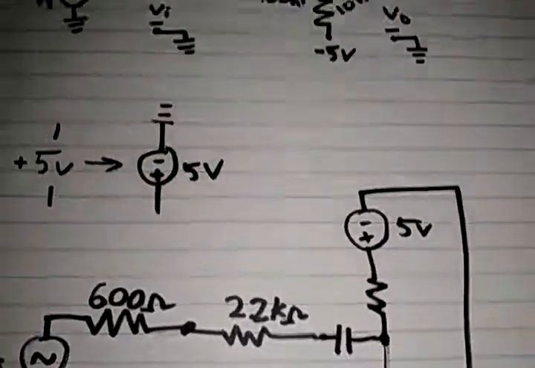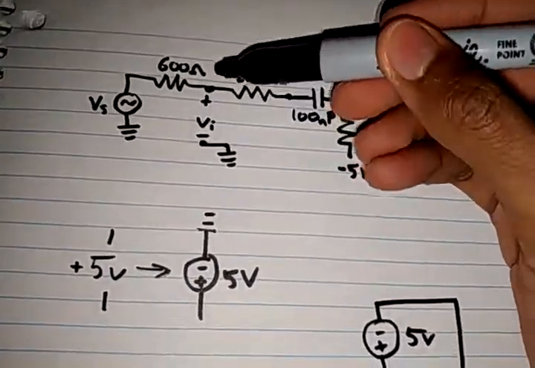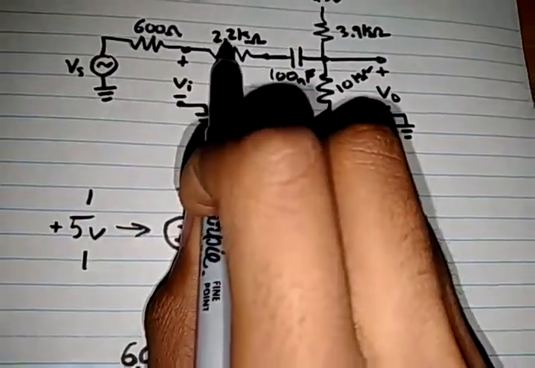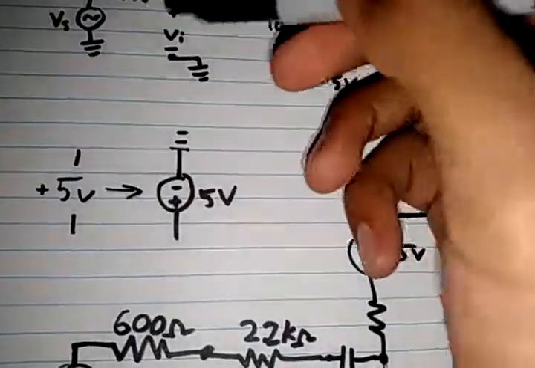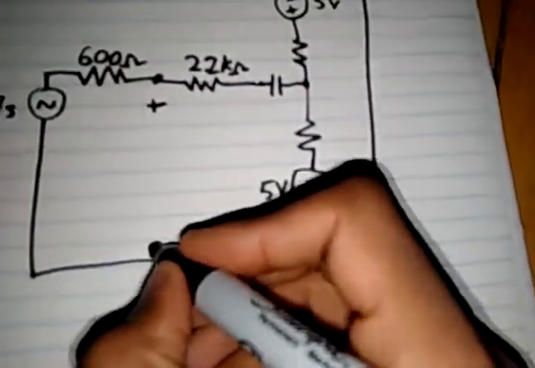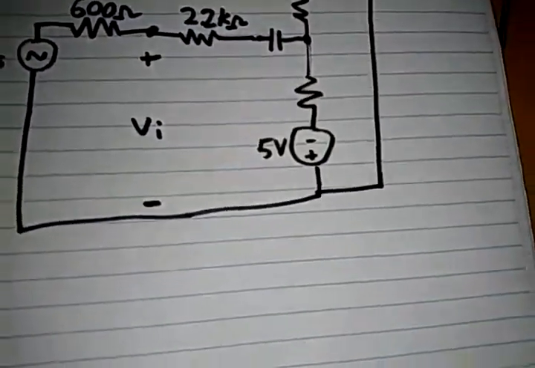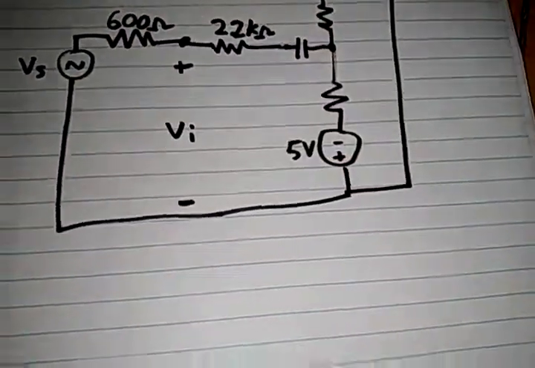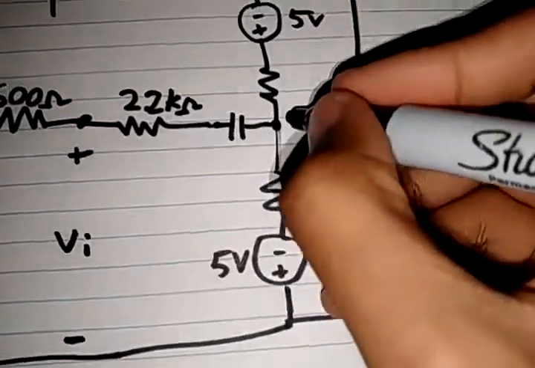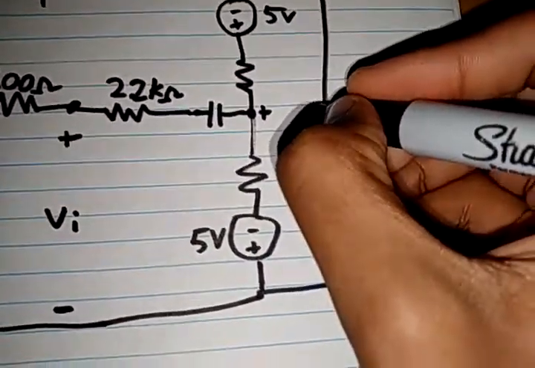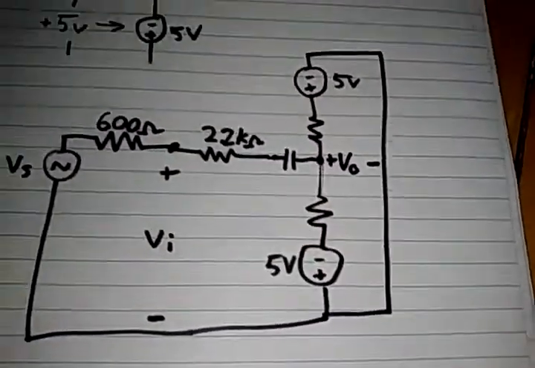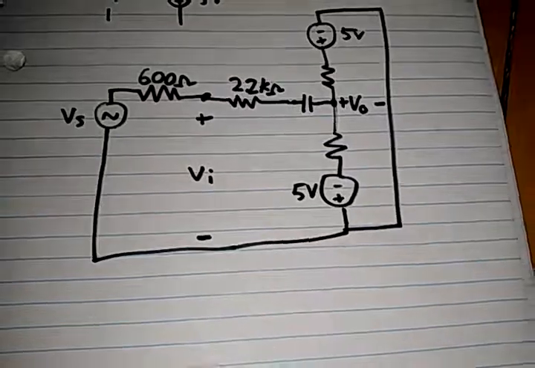And then with the notation we said here, the voltage between the 600 and 2.2K with respect to ground is VI, which means this part with respect to this part is VI. So if I check the voltage across these two, I should get VI. V out then is this part with respect to ground. Well, this is ground as we said, so this is V out. So this is basically the circuit that we're trying to solve for.